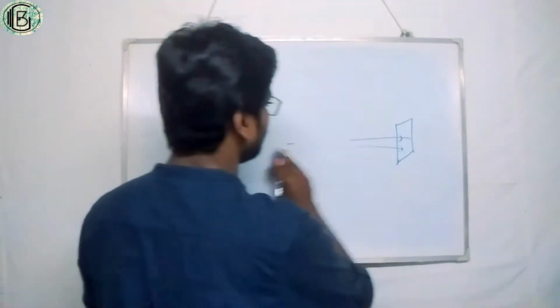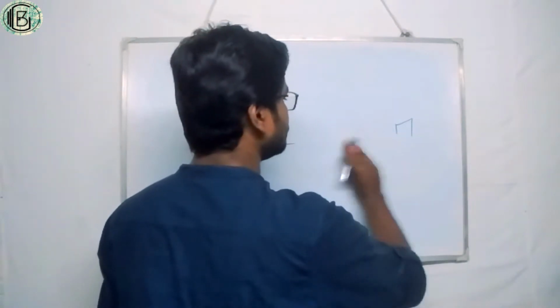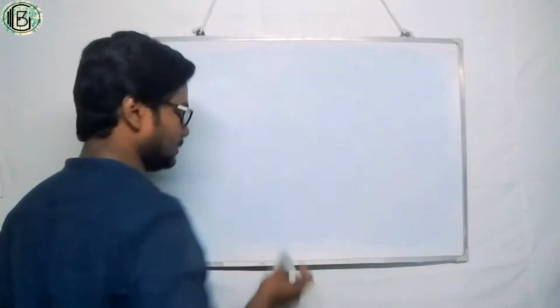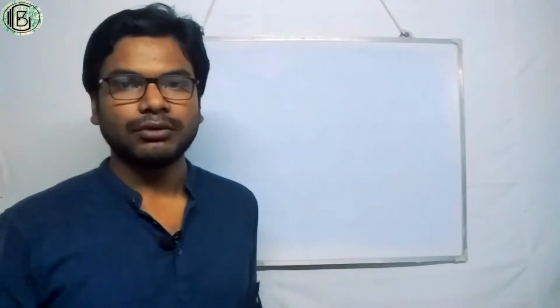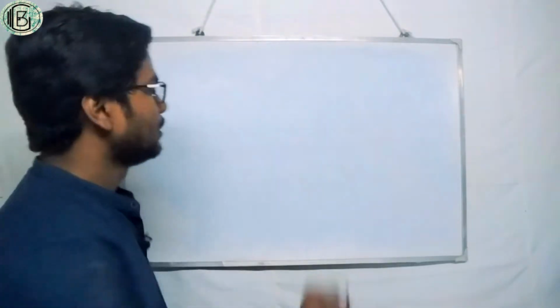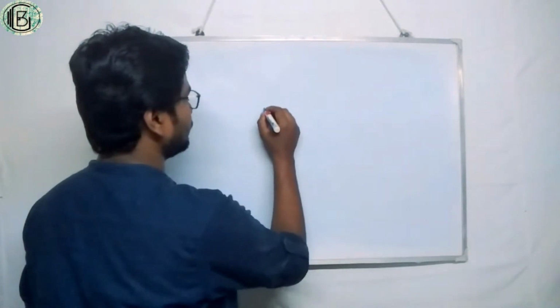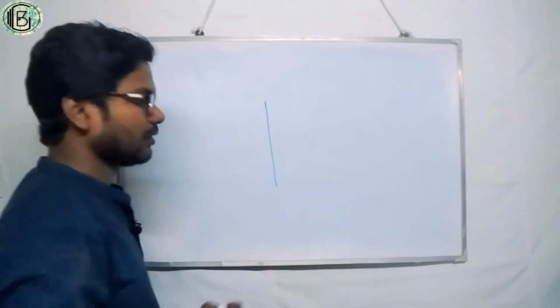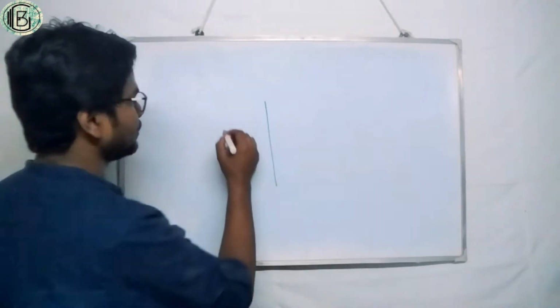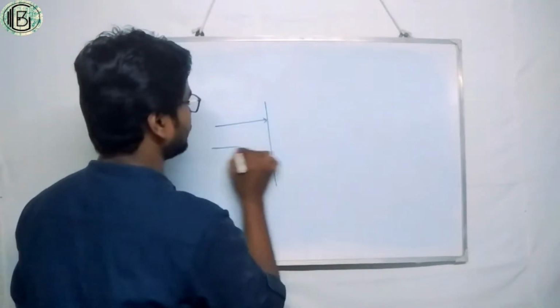Now we are going to learn Huygens principle. Now what is Huygens principle? Before we start with Huygens principle, we should learn about wavelets. Now what is a wavelet? Suppose this is a wavefront basically.